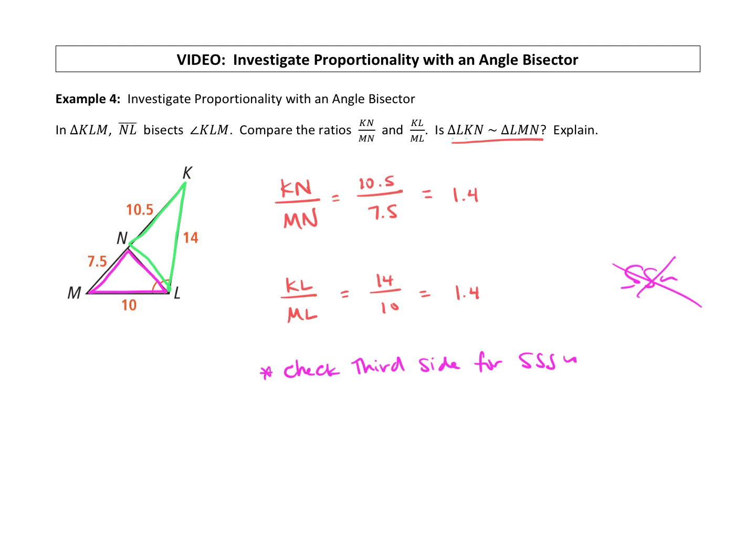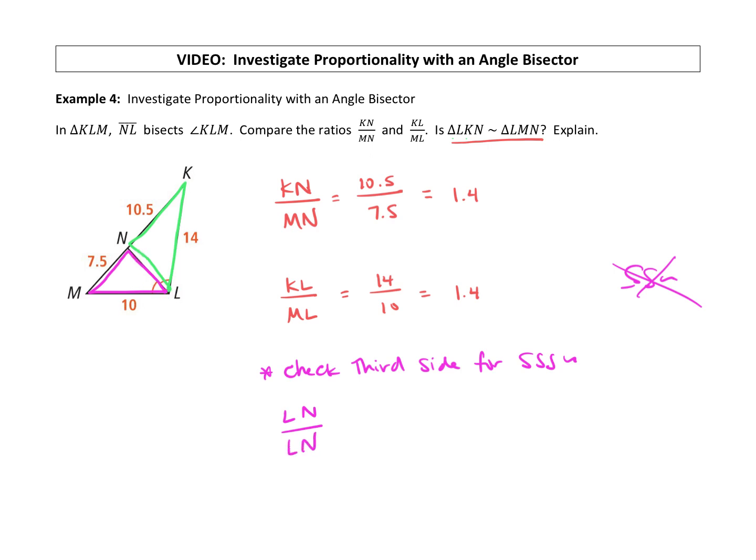The third side of our green triangle: we did KN, we did KL, but we haven't done LN. And for the other triangle, we used LN and NM, but we have not used LN.